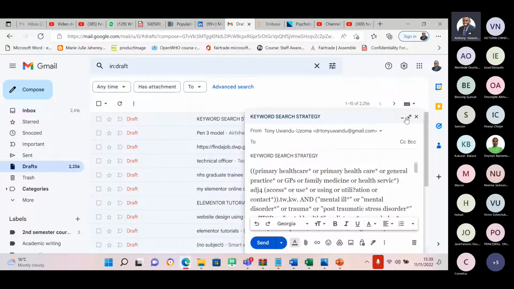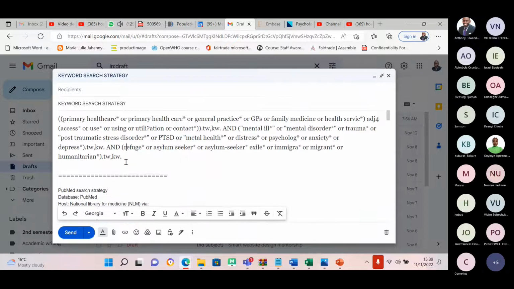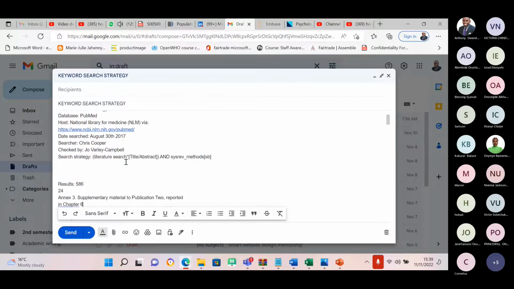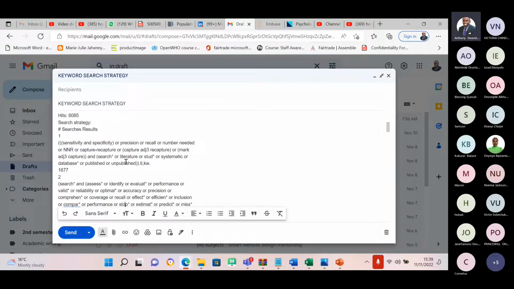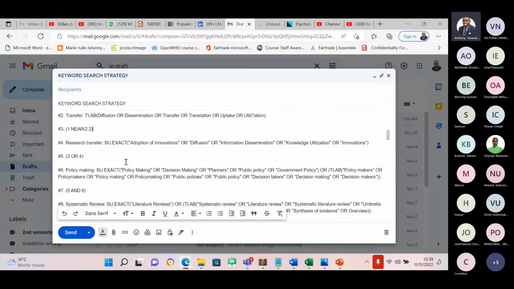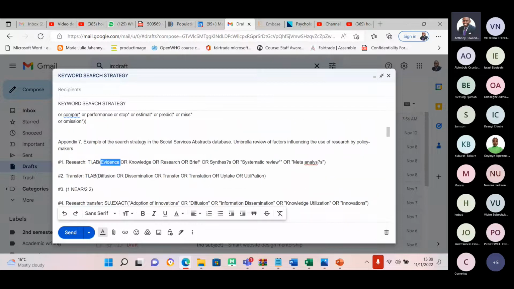So these are, I was just compiling some keywords just for my own knowledge. I want to be having a database of keywords. As I'm reading, I'm compiling them. Just for example, now if I'm doing research around evidence, like this topic was an example: factors influencing the use of research by policymakers.